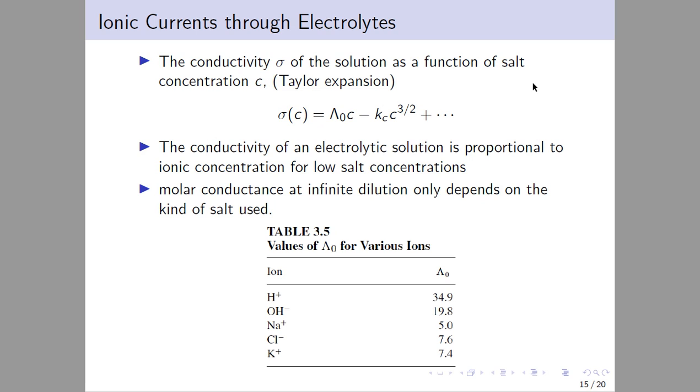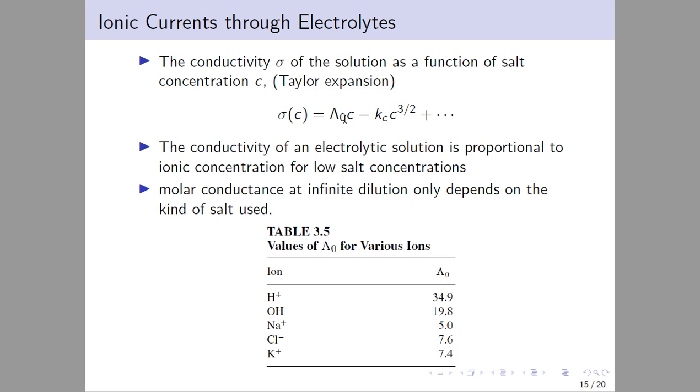Okay, conductivity of electric solution is proportional to ionic concentration at low salt concentration. So here these are concentration. So low salt concentration, if this C is small, so it depends on the concentration. If C is small, the conductivity also will become small.